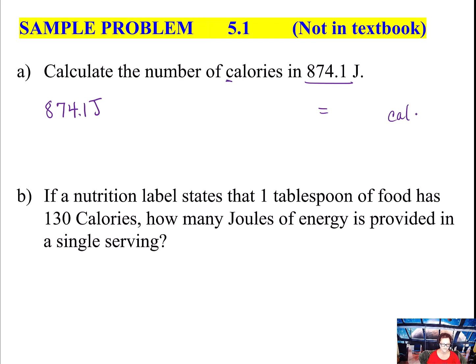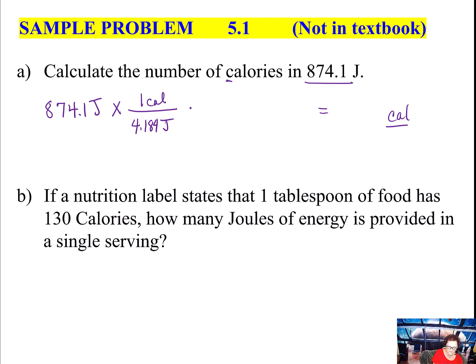So 874.1 joules, and I gave you a conversion. Remember, in dimensional analysis, I'm going to write joules down there because I have to get rid of it, because that's not what I'm looking for. I'm looking for calories. So in 1 calorie, there are going to be 4.184 joules.